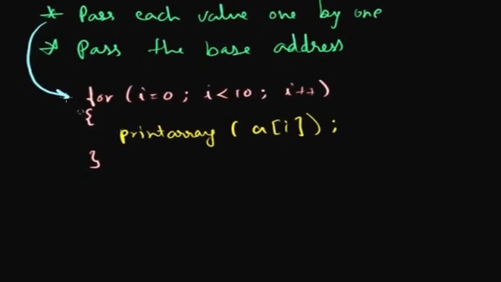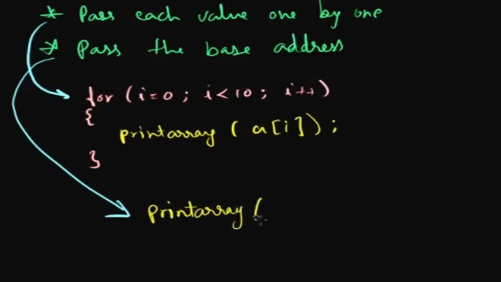And let's see how we pass using this method. Pass the base address, and it's so simple. In this method we call the print array function, and we just pass the base address, right? We just pass A. Now passing the base address is not enough.